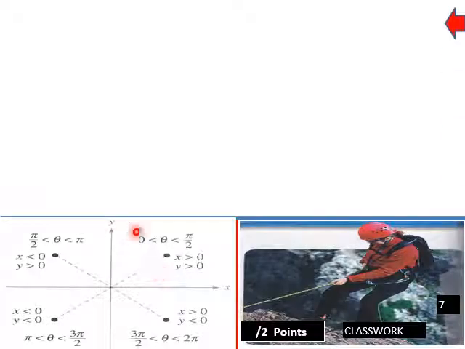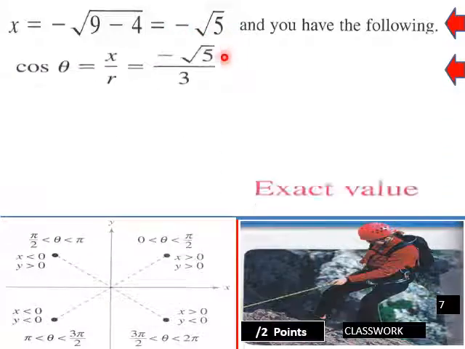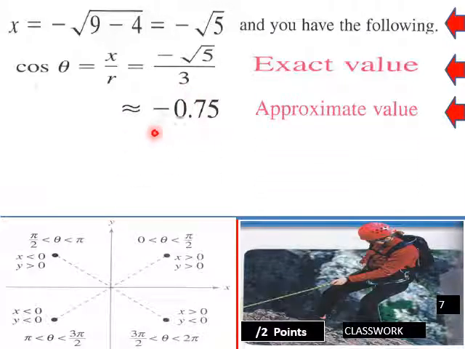So again, basing off this chart, the negative of the square root of 9 minus 4, which would equal negative square root of 5, you have the following now. Cosine, x over r, would be negative square root of 5 over 3. This will be your cosine value for that theta, for that angle.